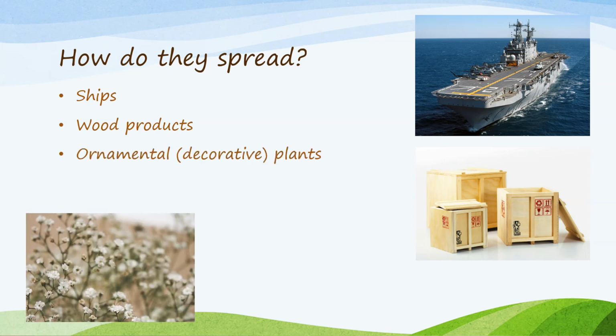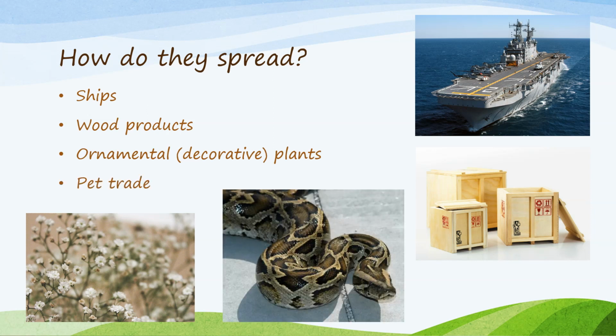Some ornamental plants used for decoration and landscaping can escape into the wild and become invasive, like baby's breath, which is commonly used in making bouquets of flowers. Some invasive species are intentionally or accidentally released pets. Burmese pythons are becoming a big problem in the Florida Everglades. People get them as pets, and then when they get too big, they can get released into the wild, causing destruction.